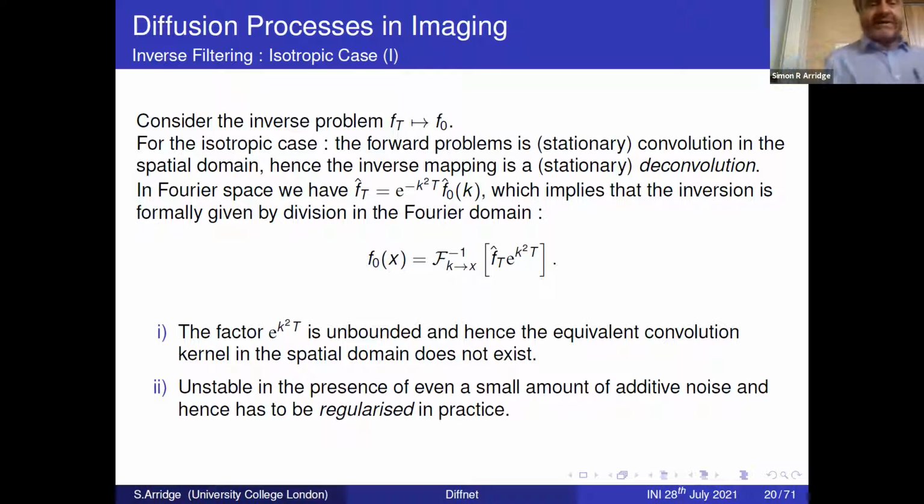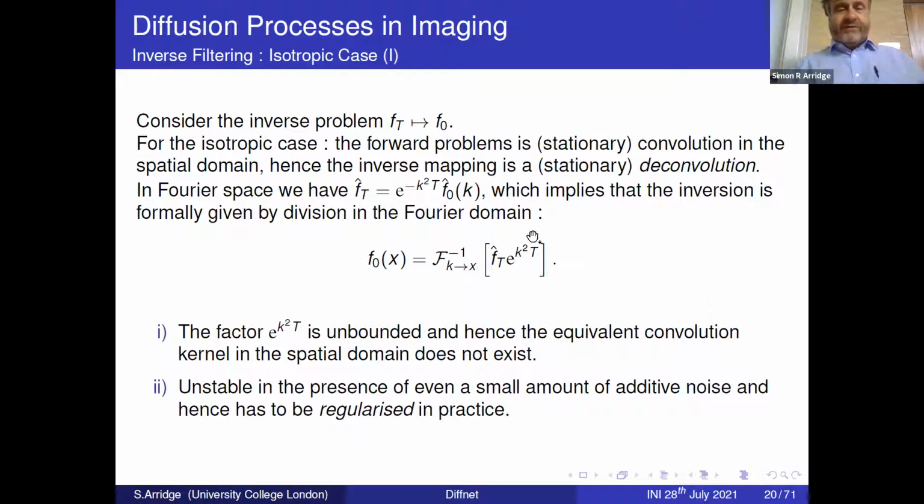And of course, we know it's unstable, but just to reiterate why that occurs, if we were in the Fourier domain, because we have stationary convolution, it's a multiplication in the Fourier domain. And so the time evolution is given by the product of the Fourier transform of the initial state and the Fourier transform of the kernel, which is itself a Gaussian.